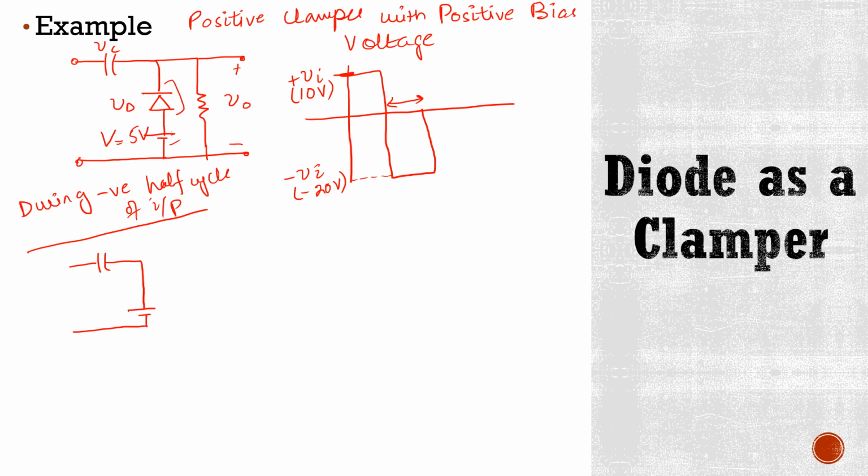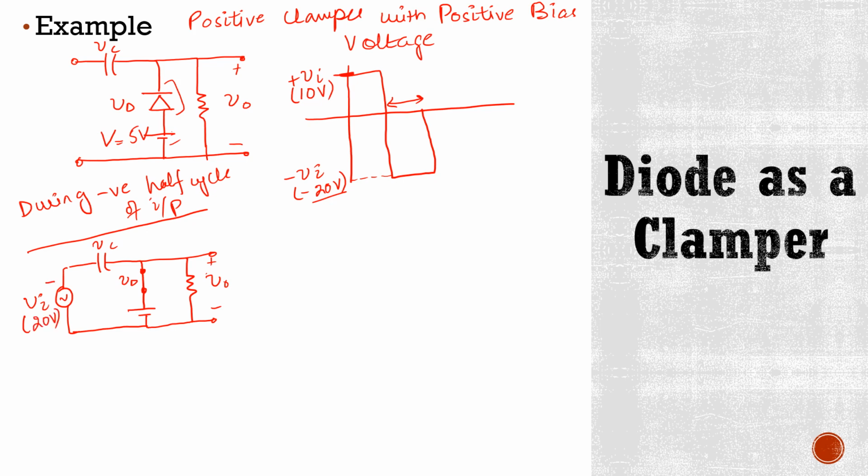It means this diode is short, and here you have V0, this is positive, this is negative. Here you have Vd, here you have Vc. As you can see, we are talking about the negative half cycle, and here the amplitude is 20, so this is 20 volts.